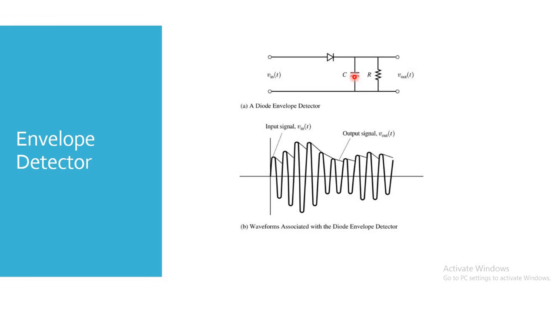As soon as the capacitor charges to the maximum value, it stops charging and starts discharging. In the negative half cycle, the diode is reverse biased and the capacitor discharges through R. As the R value is very large, the time constant tau, that is the discharging time RC, is very large.